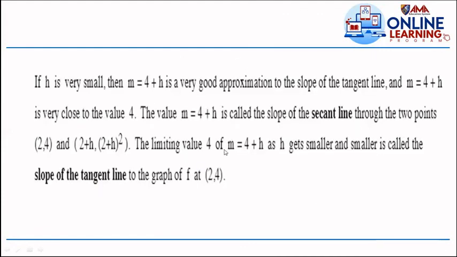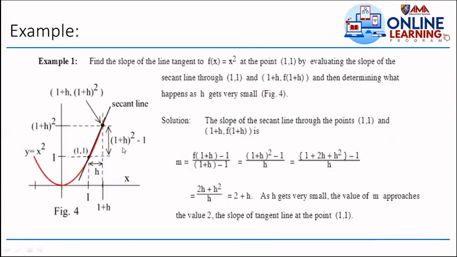Okay. The limiting value of m is equal to 4 plus h, as h gets smaller and smaller, is called the slope of the tangent line to the graph of f at (2, 4). Okay? So, balik po tayo dito sa figure 4 po natin. Okay?